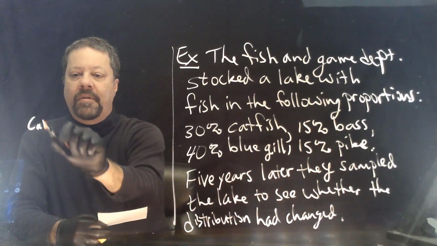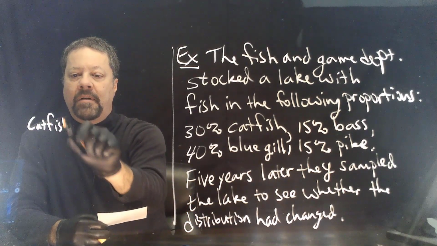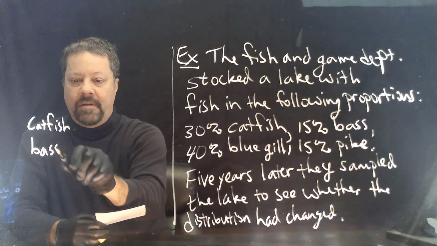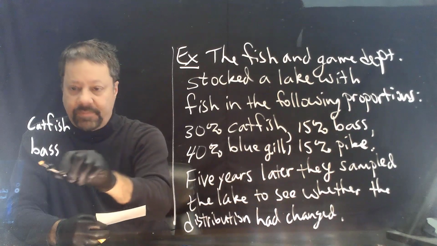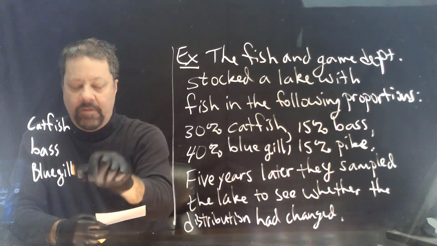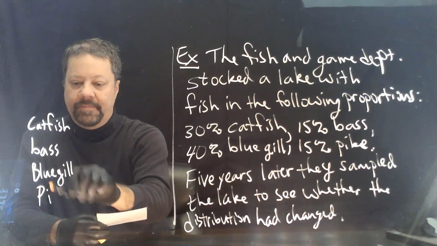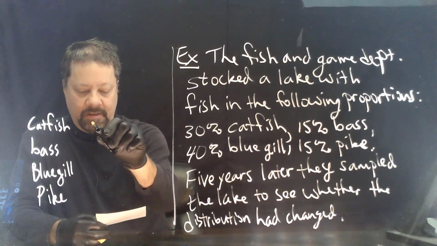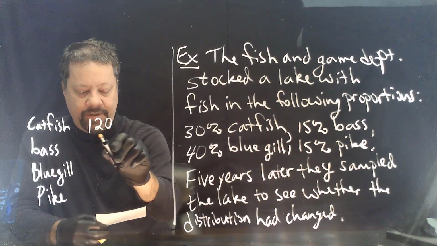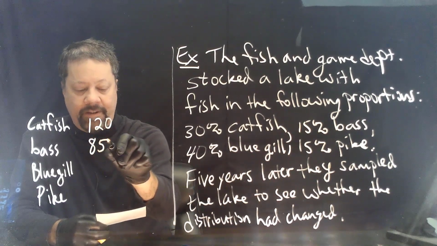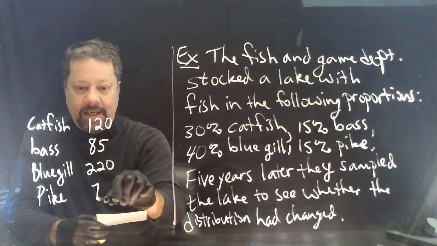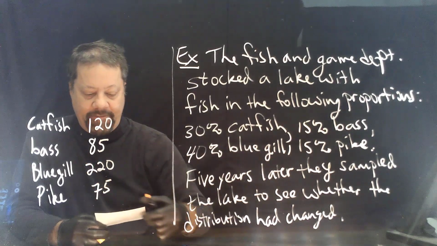So we have catfish, we have bass, we have bluegill, and we have pike. They caught 120 catfish, 85 bass, 220 bluegill, and 75 pike.